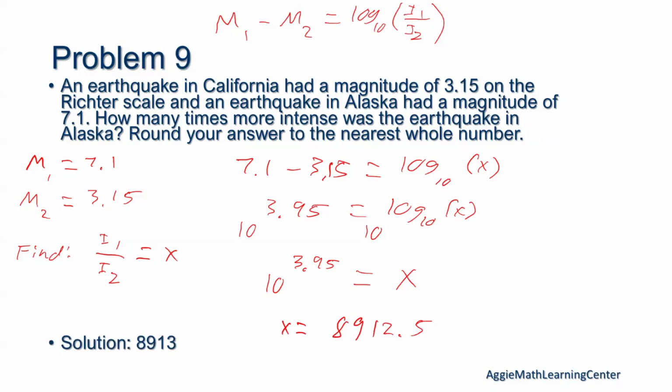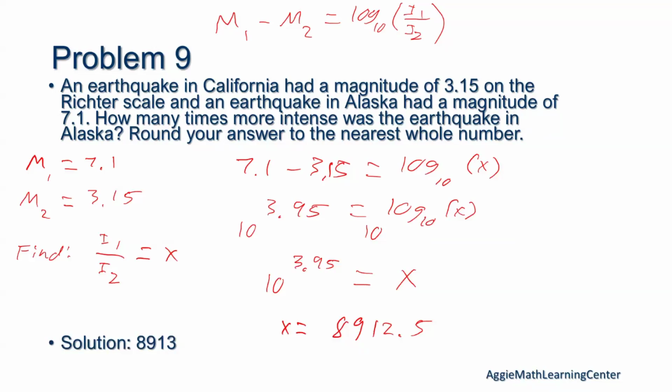The one thing you want to keep in mind is it's this I1 over I2. The one that is more intense is probably the one you want on top, because then it avoids having a decimal value in there.